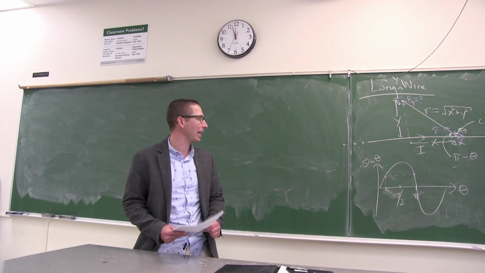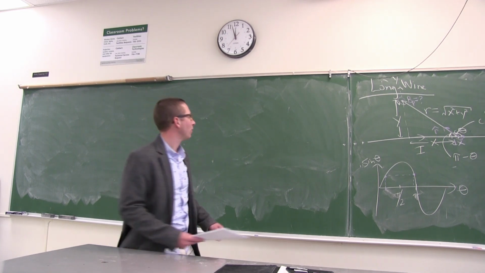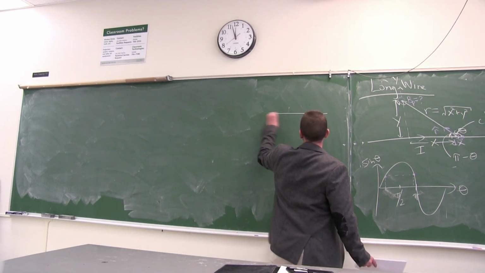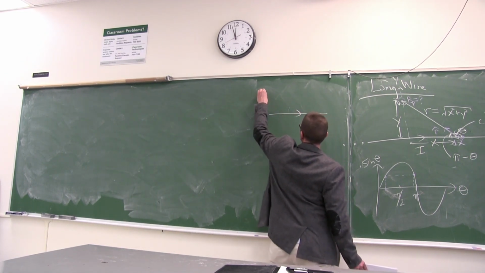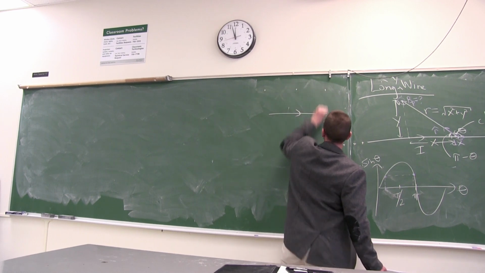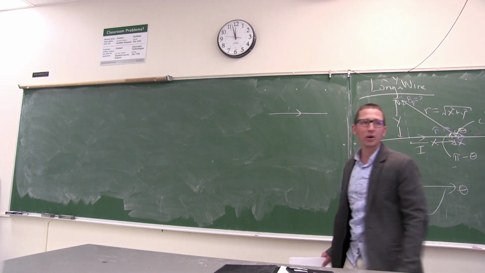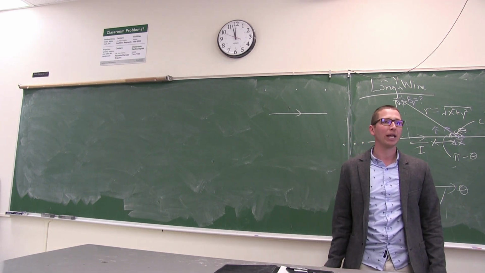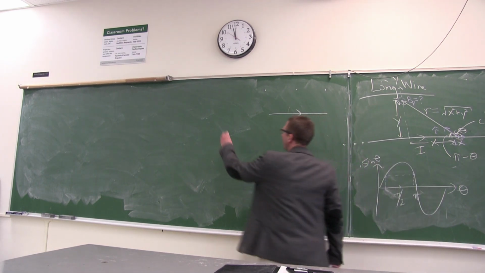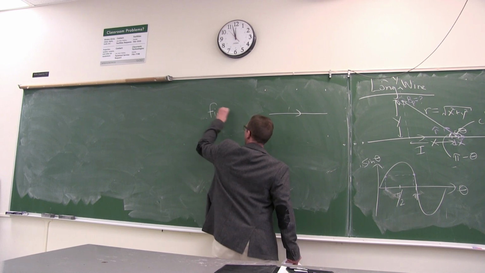So if you had a finite length current, you can find the field at these different points, for instance, around the current.